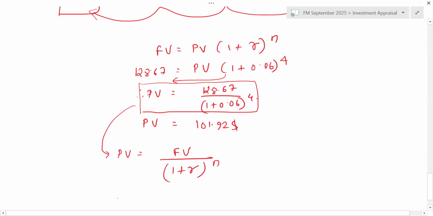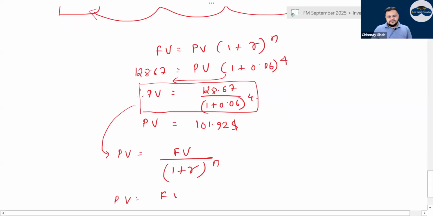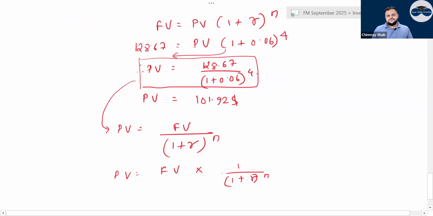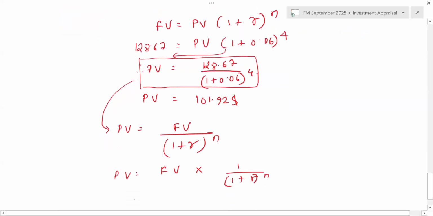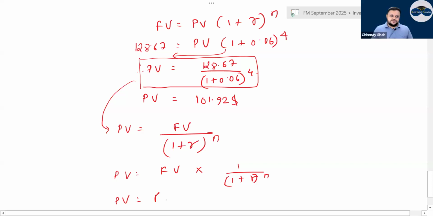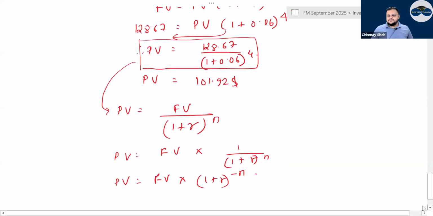If I write present value as future value into 1 divided by 1 plus r raised to n, will the answer change? It will be the same. Whenever something is raised to a power in the denominator, if I transfer it to the numerator, the mathematical rule is that 1 plus r raised to n becomes 1 plus r raised to minus n.